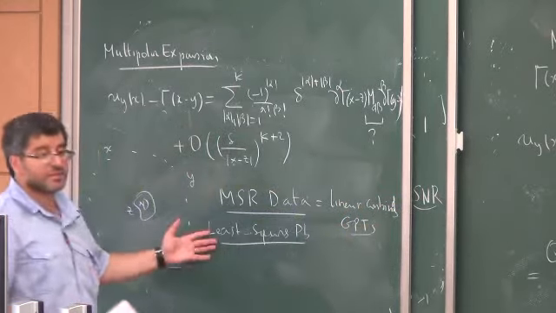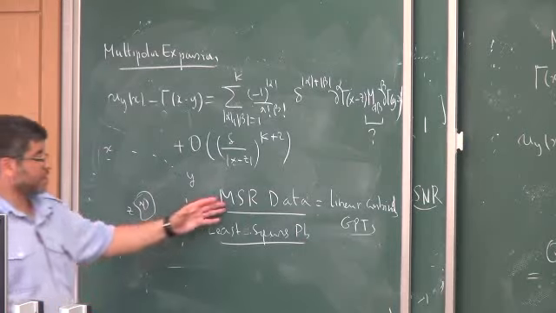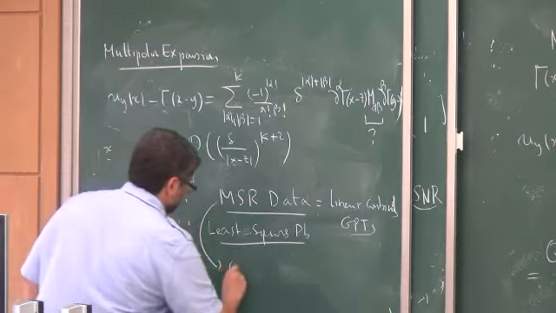Okay, I can solve this least square problem. But how much can I get, given the signal to noise ratio of the data? So I know that my measurements are corrupted by noise.